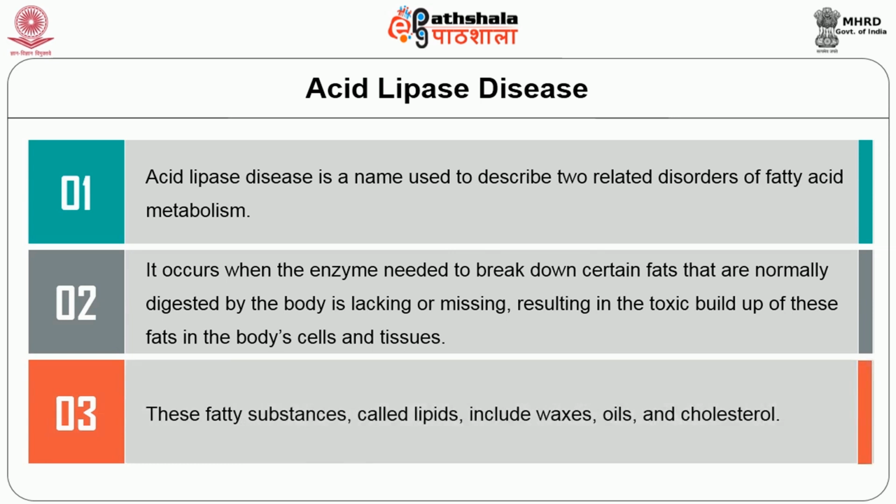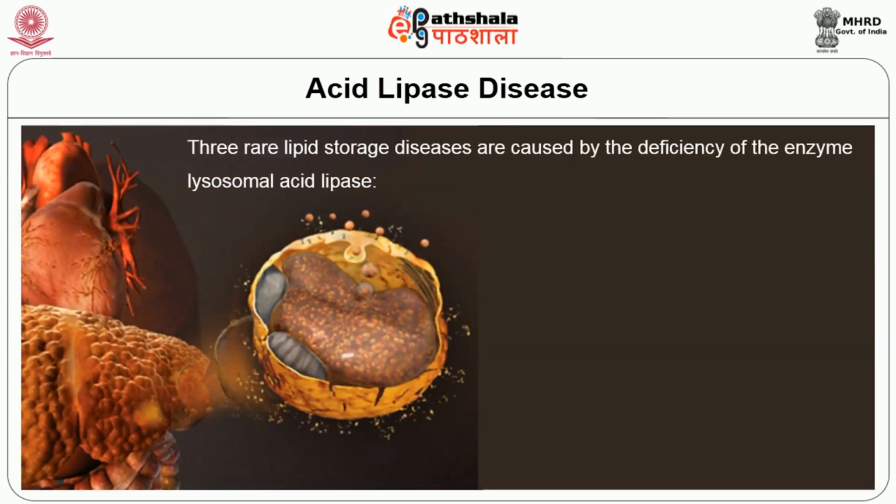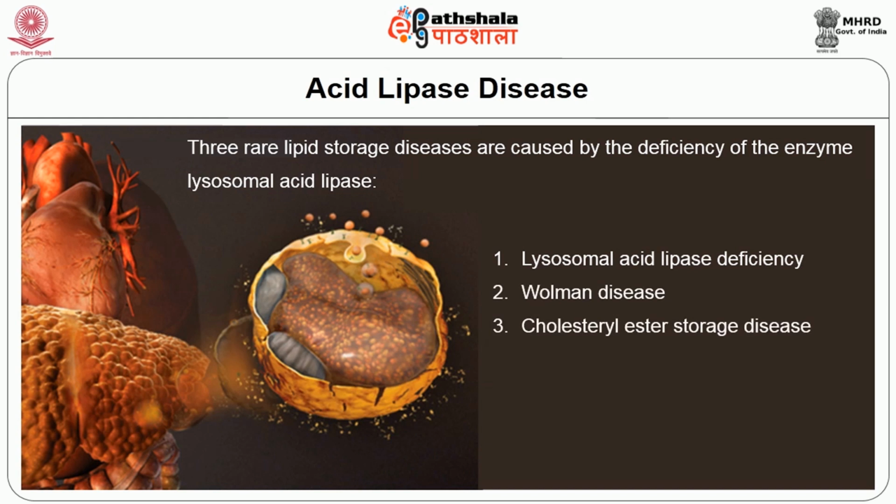These fatty substances, called lipids, include waxes, oils and cholesterol. Three rare lipid storage diseases are caused by the deficiency of the enzyme lysosomal acid lipase: lysosomal acid lipase deficiency, Ullmann disease and cholesterol ester storage disease.